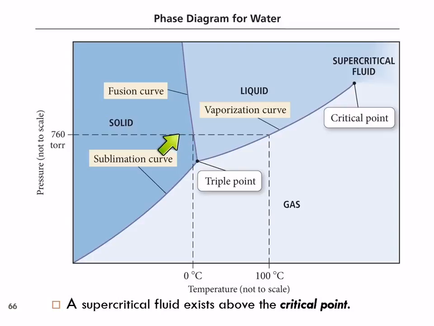If we reduce the temperature, it's going to just be a solid. If we increase the temperature at 1 atmosphere, it's going to melt and become a liquid. If we continue increasing the temperature, when we get to 100 degrees Celsius at atmospheric pressure, we'll hit the vaporization curve, and that's where water will boil. Above that temperature, you're going to have water in the gas state.